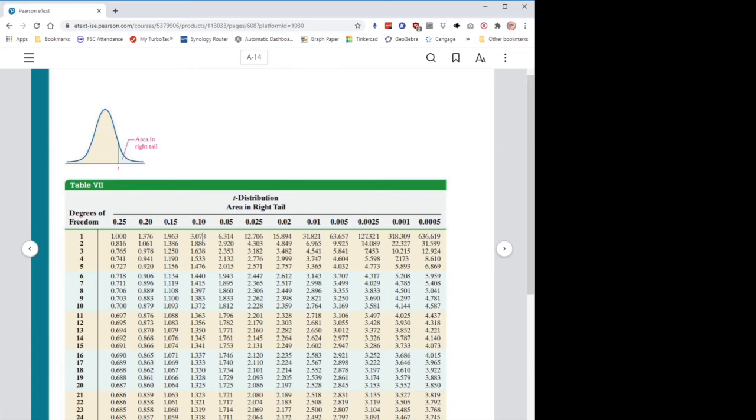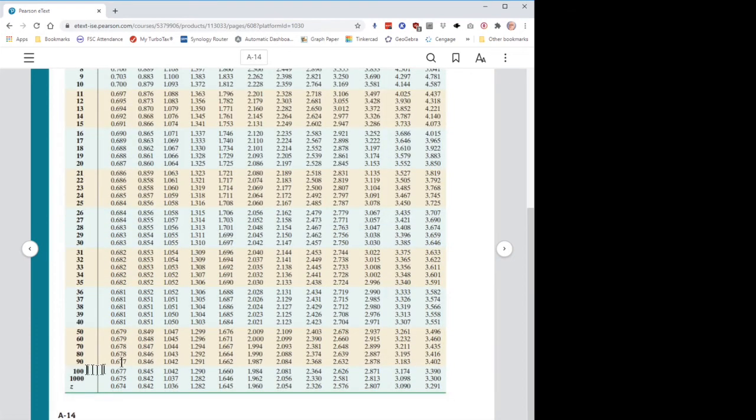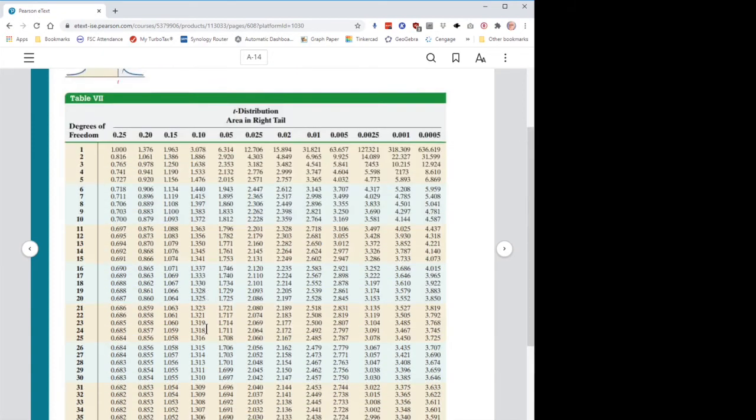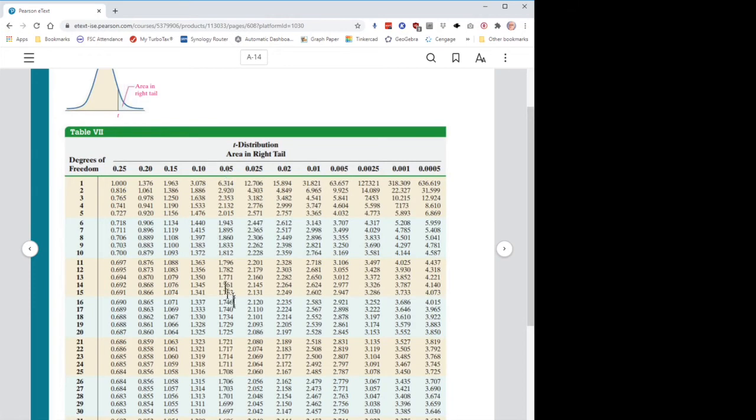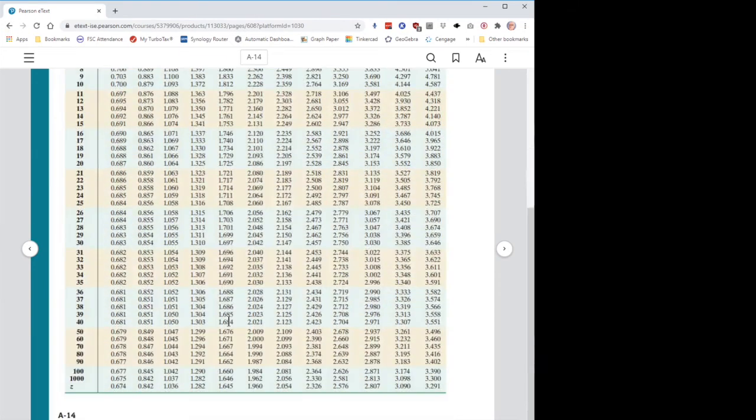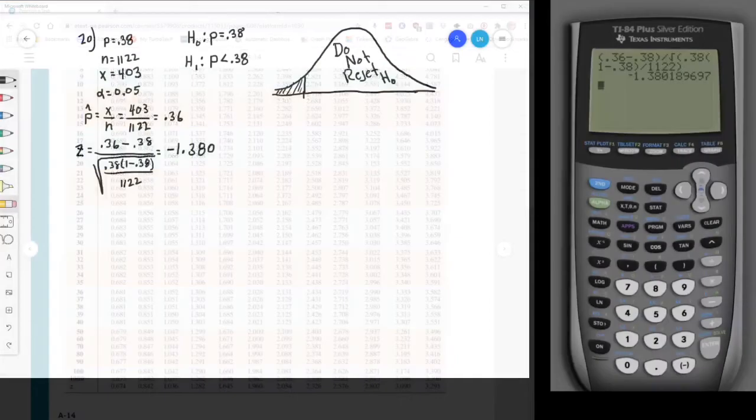Always. We don't have to worry about the degrees of freedom or anything, which means I'm going to want to go to that bottom line on the table that says z. So 0.05, we already know what this is because we did it a lot in the last video, is 1.645.